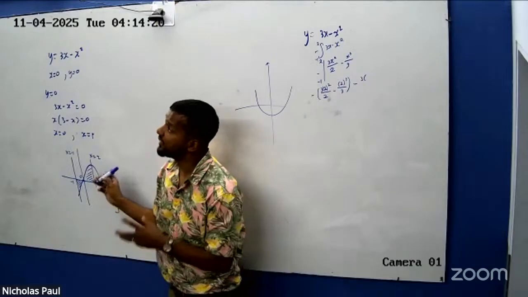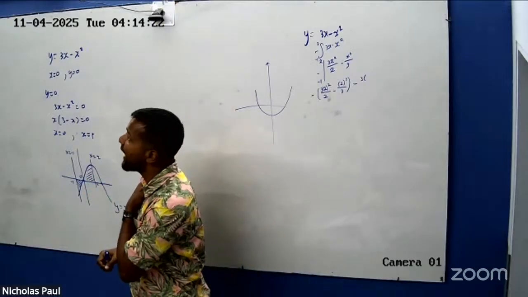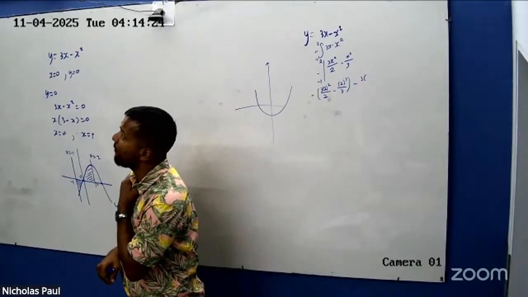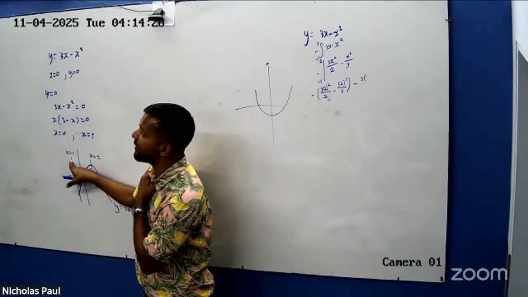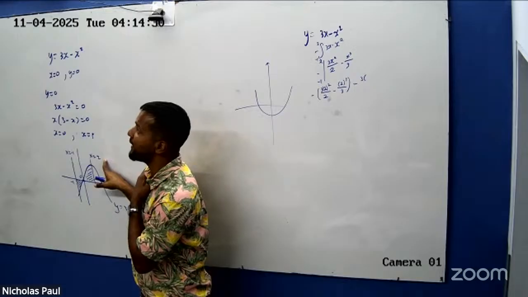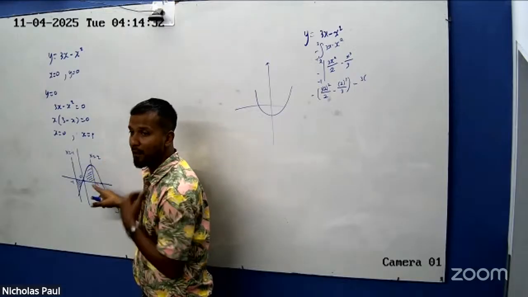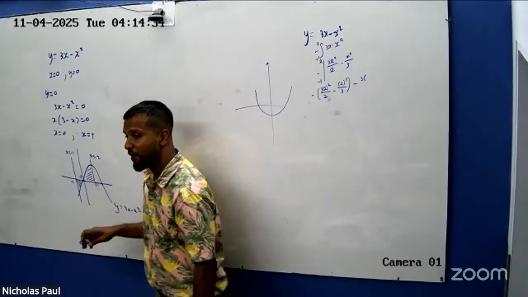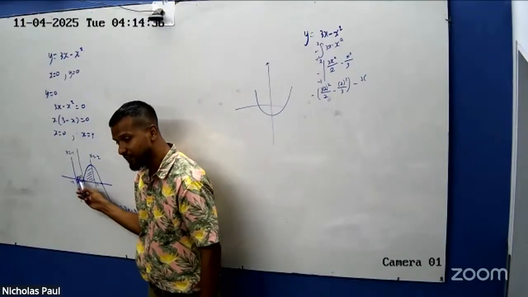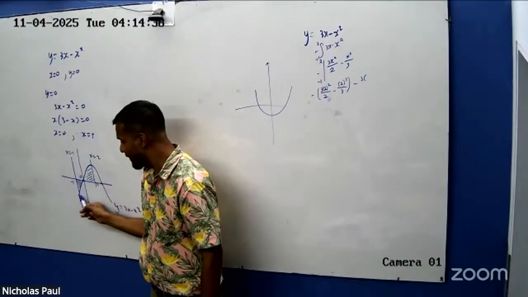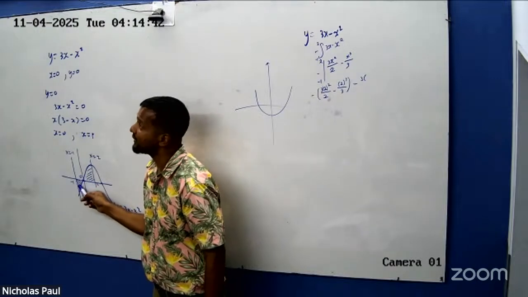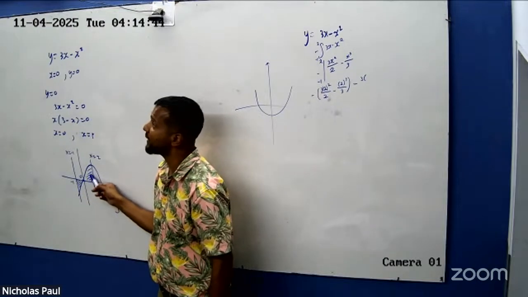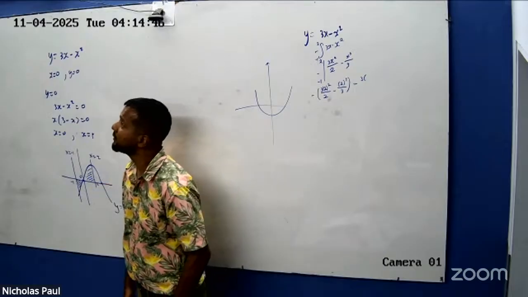The reason that is important is that they ask us now to find the area bounded between the line -1 and the line 2 and the x-axis. If you look here, this is the x-axis, this is the line, and this is the curve. So the area bounded is below the x-axis, and here is above the x-axis. You see that?